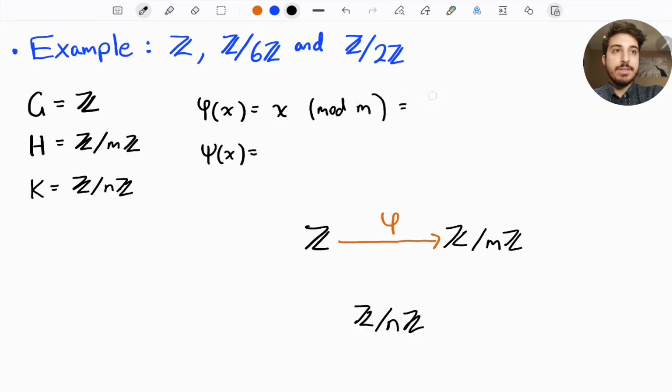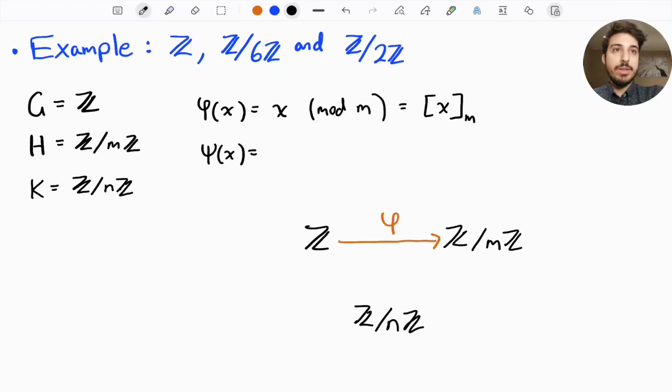We can take it as the notation x between two brackets modulo m. For example, if m was 2 and we had x equal to 12, then 12 would give us 0 modulo 2 because 12 is an even number. So it gives a remainder of 0 when divided by 2.